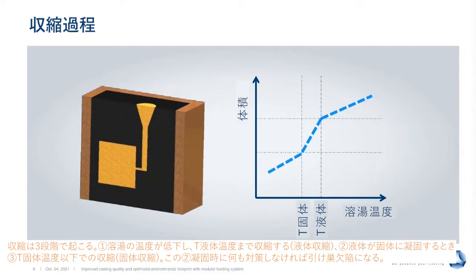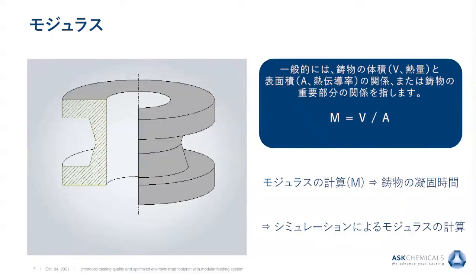To get a better image of this calculation, the foundrymen have developed the modulus calculation. The modulus of the casting or of sections of the casting is calculated by volume divided by the cooling surface.